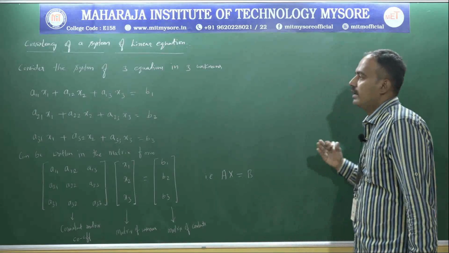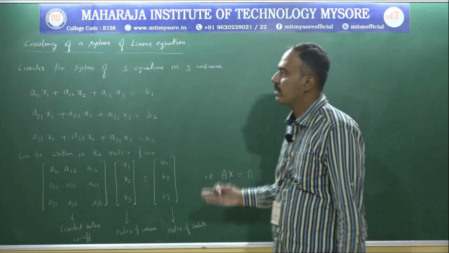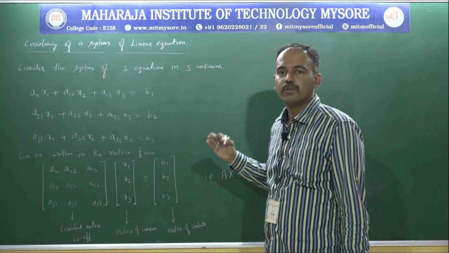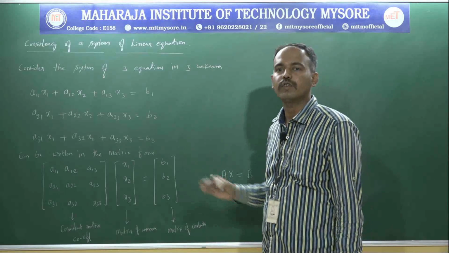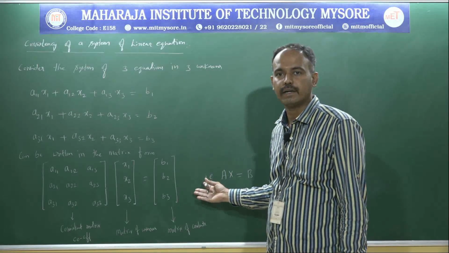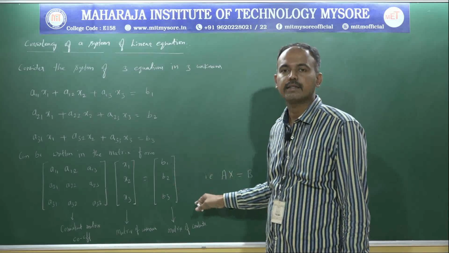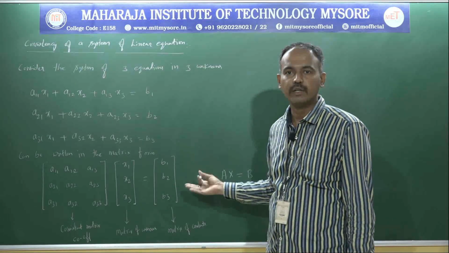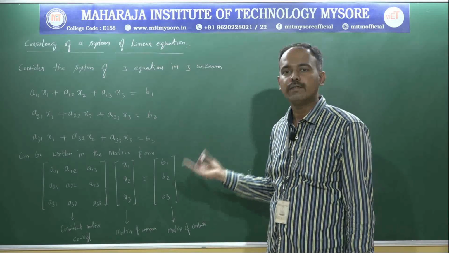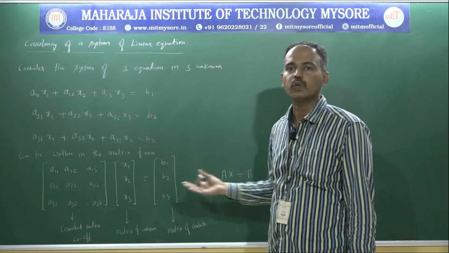Next, consider the non-homogeneous system of equations. How do we find out whether it is consistent or inconsistent? How do we find the solutions, whether we get a unique solution, infinite solutions, or no solutions?